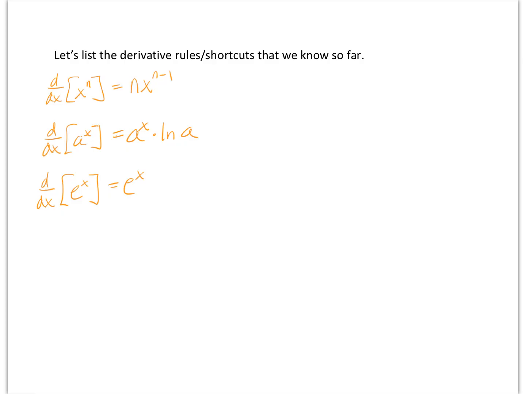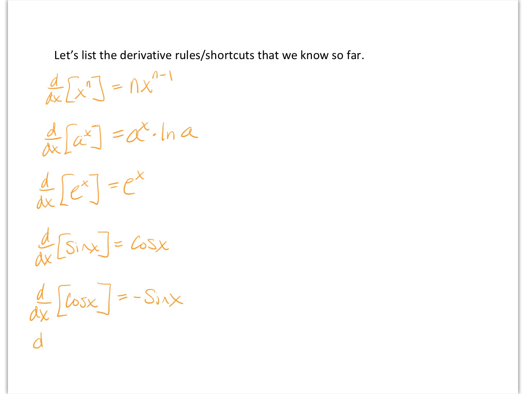All right, we also now have some trig derivatives. We have the derivative of sine is cosine. We know that the derivative of cosine is negative sine.